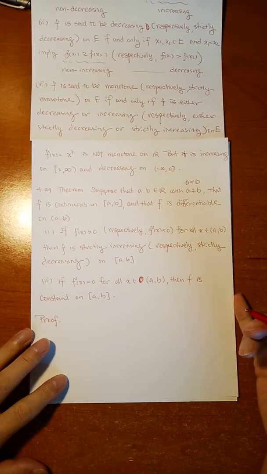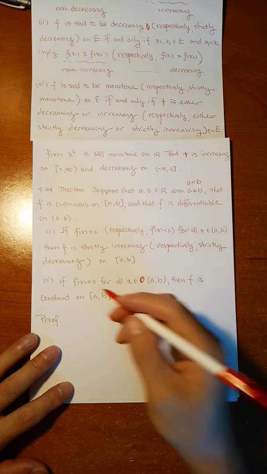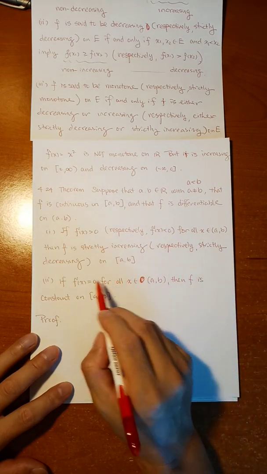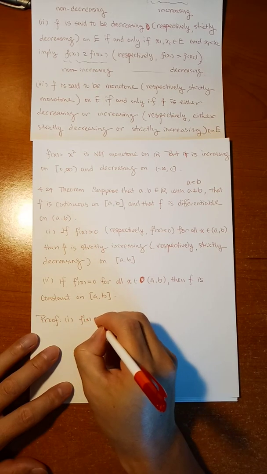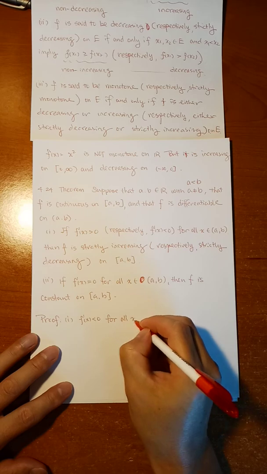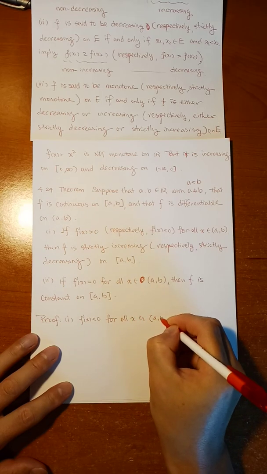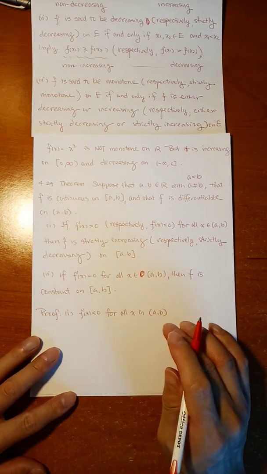Let's try to prove it. For part 1, let's assume f prime of x is strictly less than 0 for all x in (a, b), because in the textbook they choose f prime of x greater than 0.